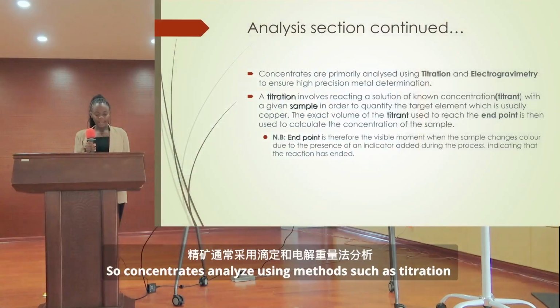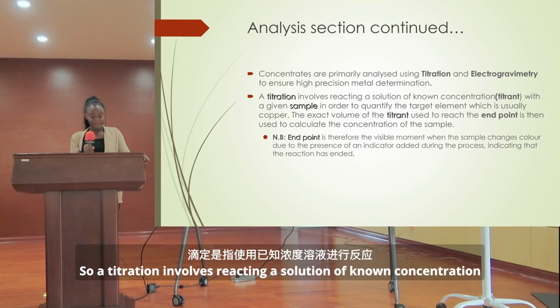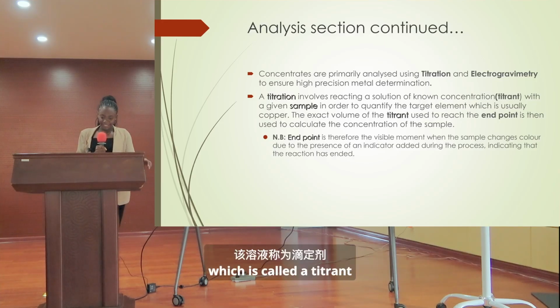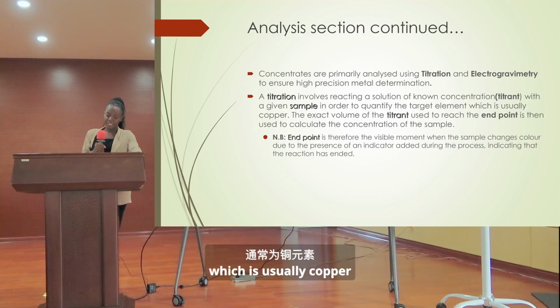Concentrates are analyzed using methods such as titration and electrogravimetry to ensure high precision determination. A titration involves reacting a solution of known concentration, which is called a titrant, with a given sample in order to quantify the target element, which is usually copper.